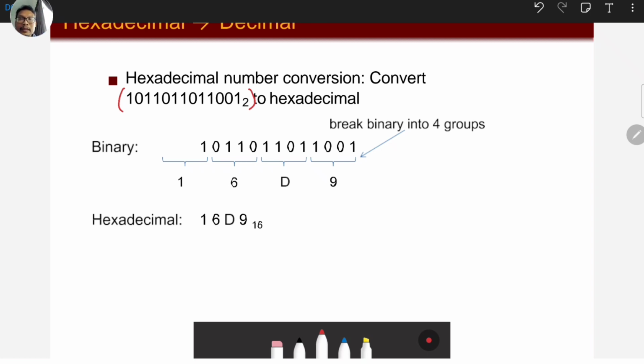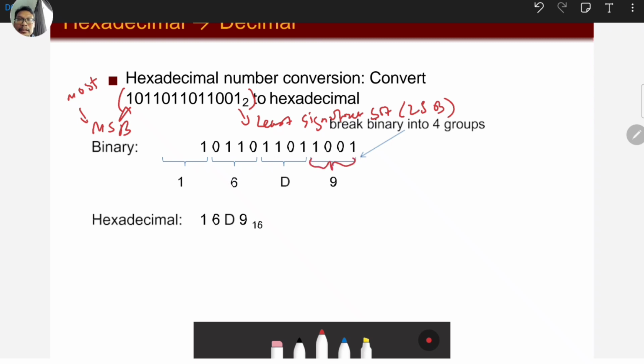You start with the LSB, the least significant bit, and here is called the MSB, the most significant bit. We take from the least significant bit, and we break it into groups of 4 binary digits.